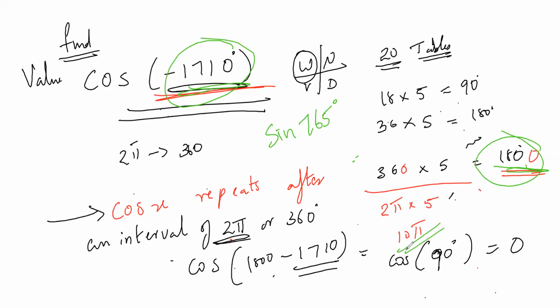Now in the picturization, I have to draw the diagram for this 1710. If I'm drawing the 1710, can anyone tell me where that value will come? Negative 1710 is there.